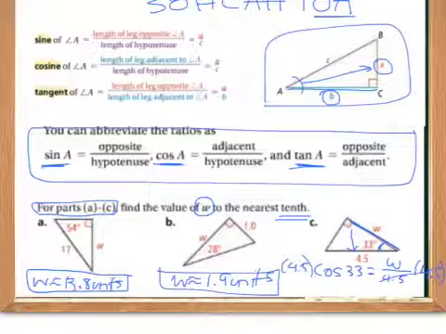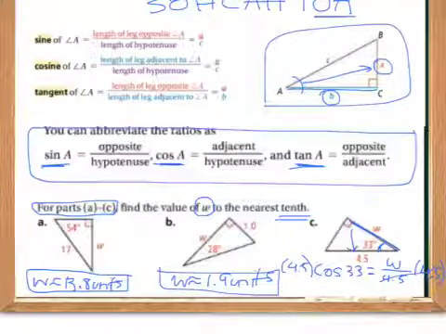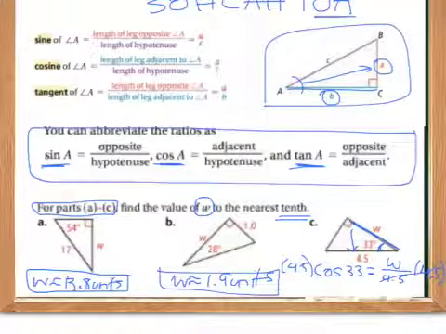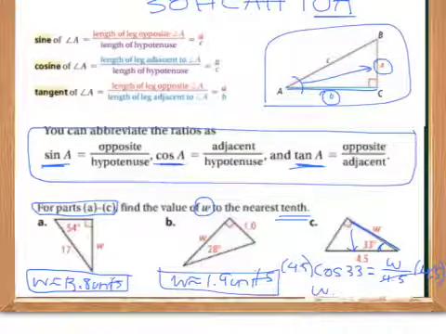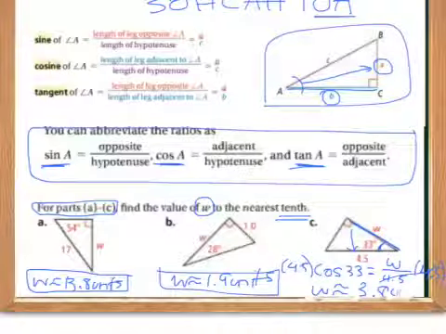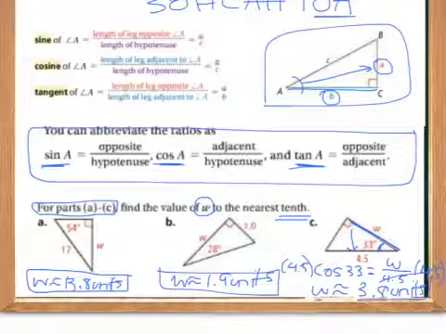And then we take the cosine of 33 and we multiply that by 4.5, and we get that W is approximately 3.8 units if we're rounding to the nearest tenth.